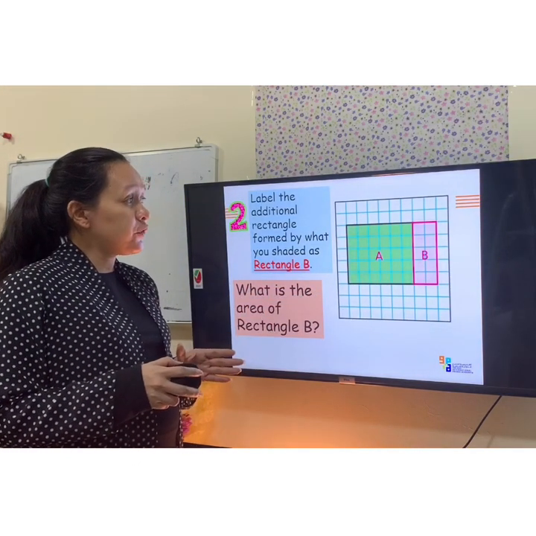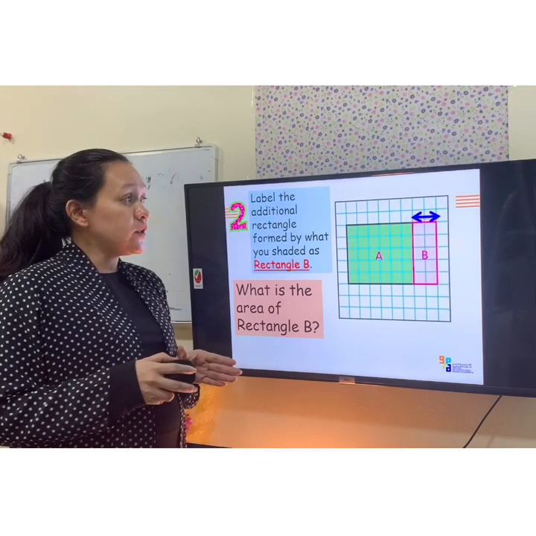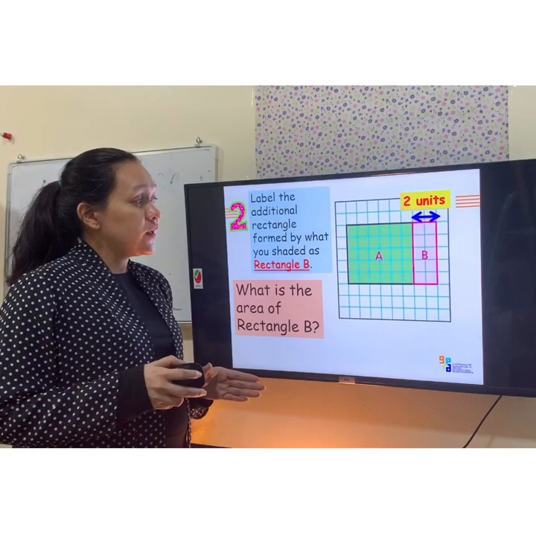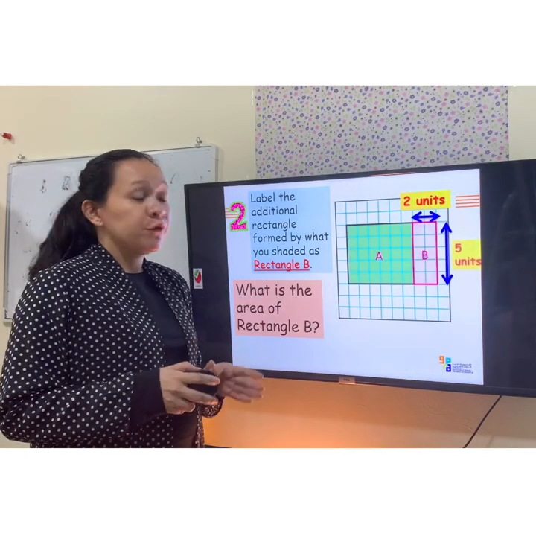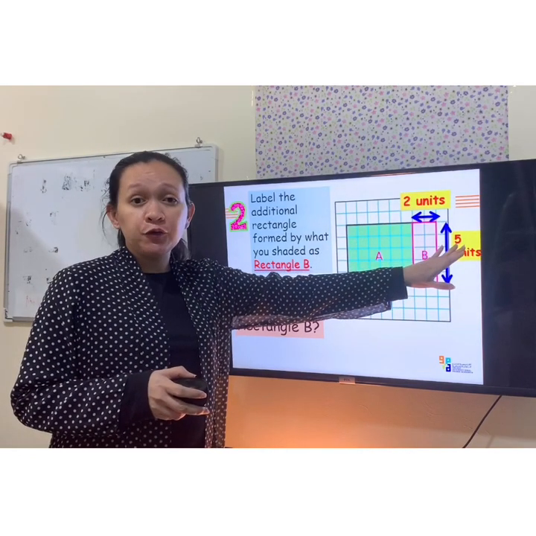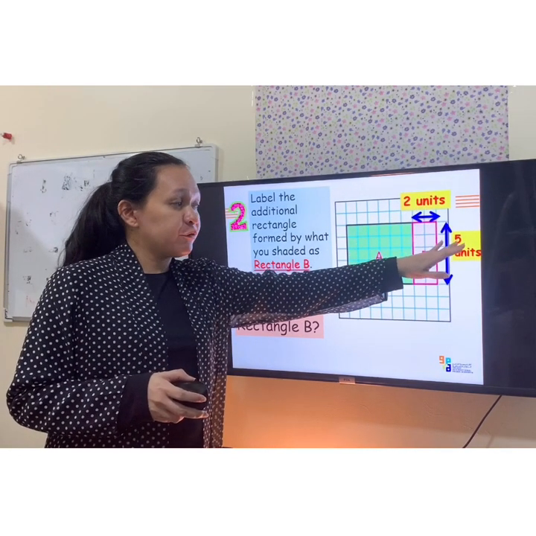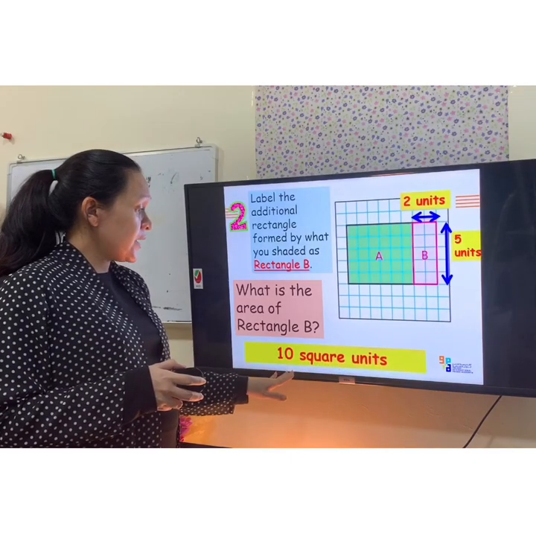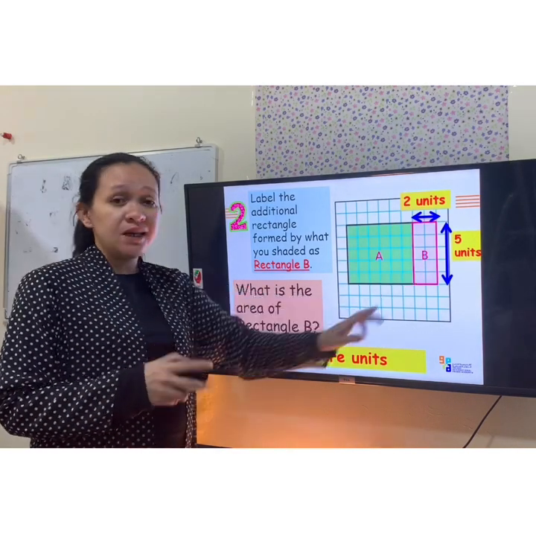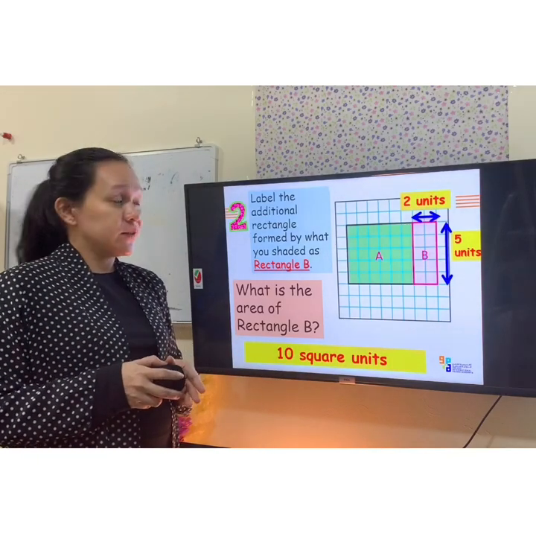There are 2 units here, and on this side, 5 units. If you multiply 2 by 5, the answer is 10 square units. So, the area of rectangle B is 10 square units.